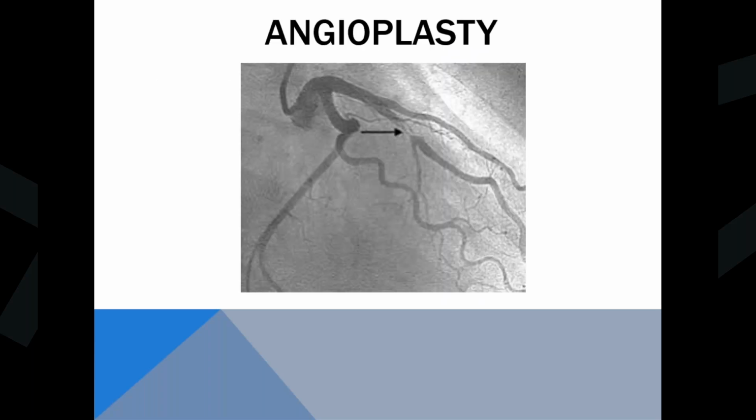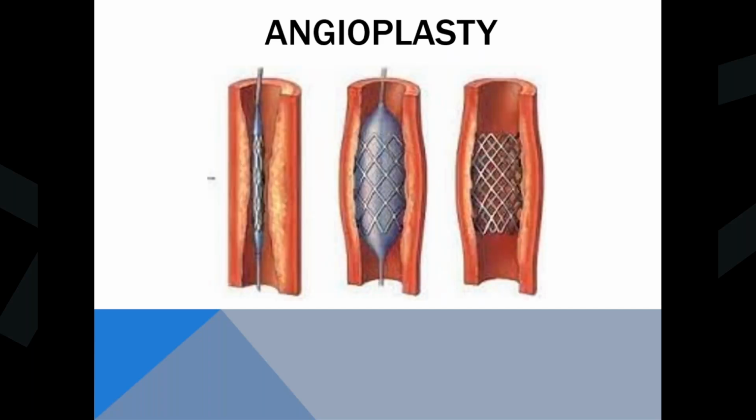So here's what a typical image you would see in the cath lab. You have your coronary arteries, and right here you have an obstruction. So what the cardiologists will do is identify it, see where it's at, and then they'll come in with a balloon catheter with a stent on it.